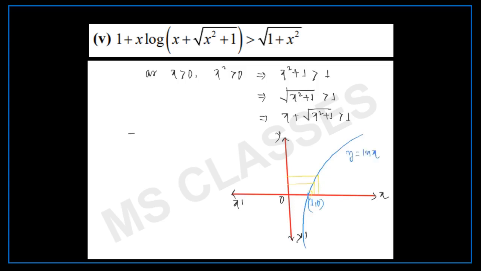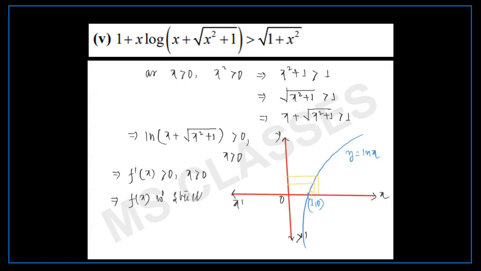So we can conclude that ln x plus root over of x square plus 1 is greater than 0 when x greater than 0. Now this implies f dash x greater than 0 when x greater than 0, and this implies f(x) is strictly increasing for all x greater than 0.